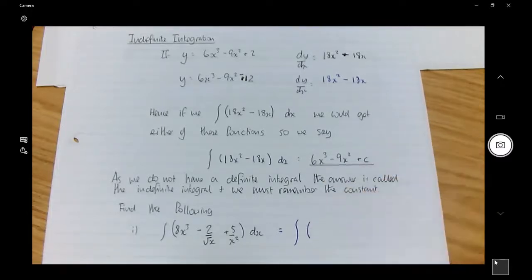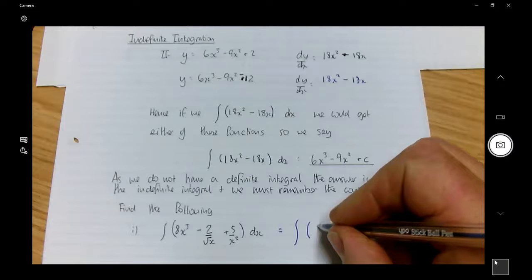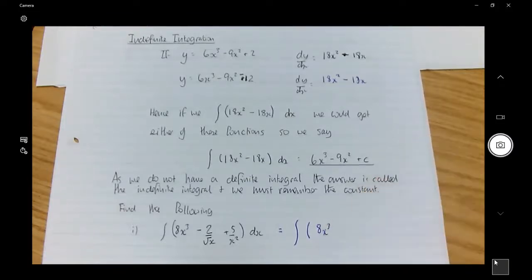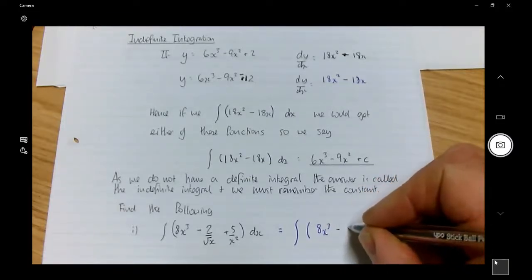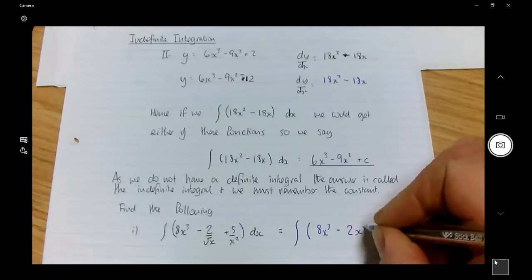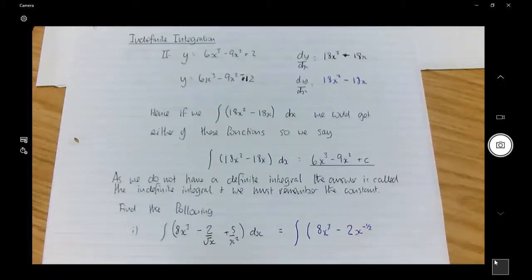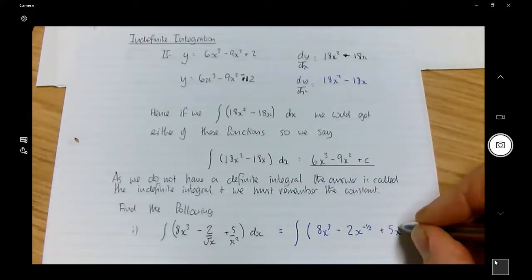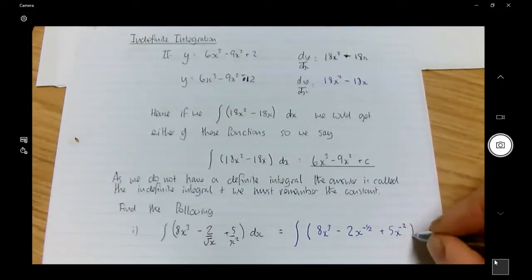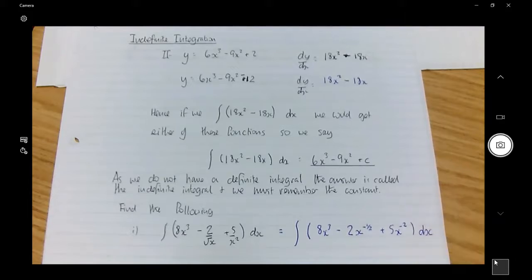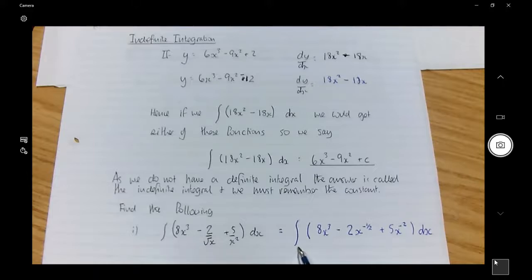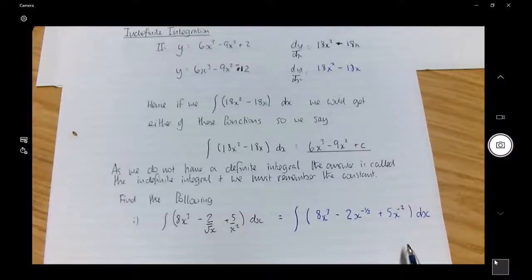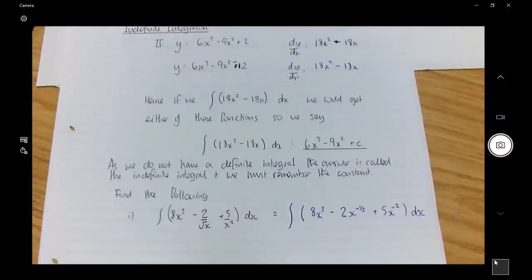And the thing I integrate always goes in brackets, 8x cubed minus 2x to the minus half plus 5x to the minus 2 dx. So it still says, the question's asked me to integrate. Here I'm saying I haven't integrated yet, I'm going to integrate it, and I put it in a form that I can integrate. And now, be very careful.